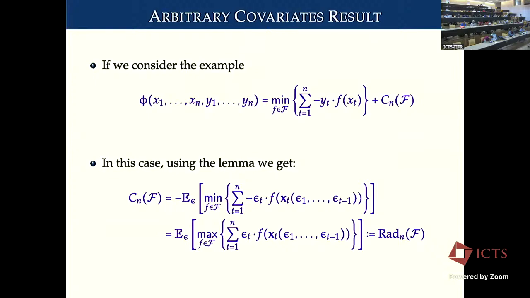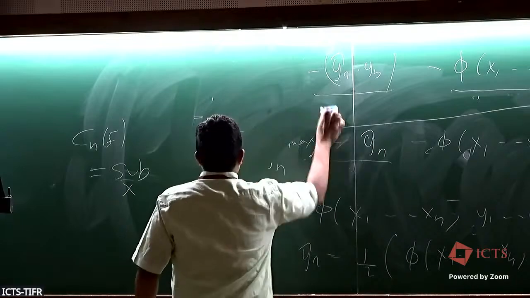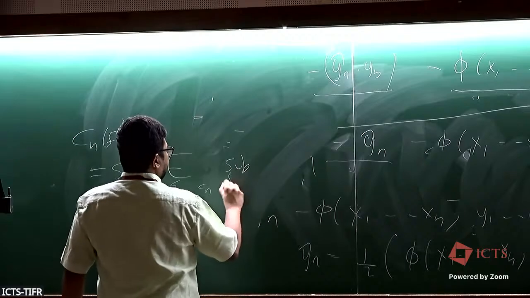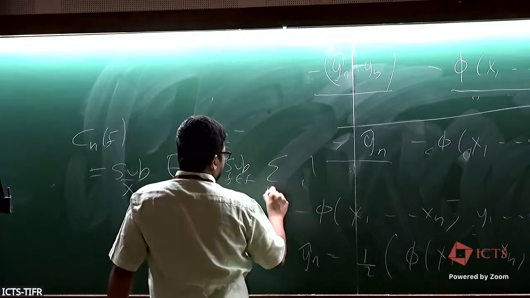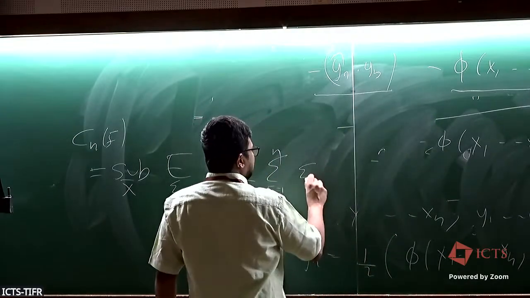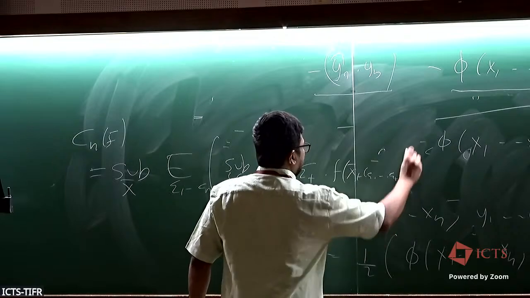Cn of f. So what you will get is Cn of script f is equal to supremum over x bar, expectation over epsilon 1 through epsilon n, supremum over f in script f, sum t from 1 through n, epsilon t times f of x bar t of epsilon 1 through epsilon t minus 1.